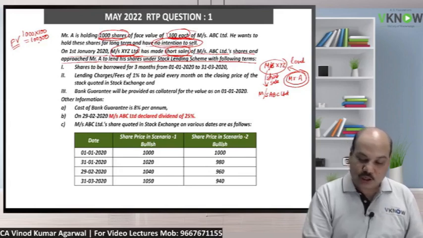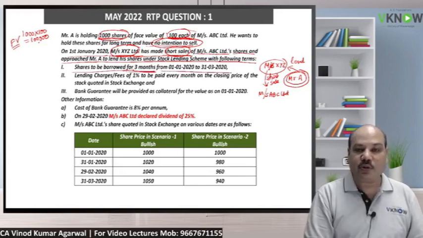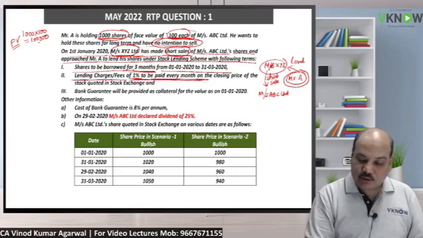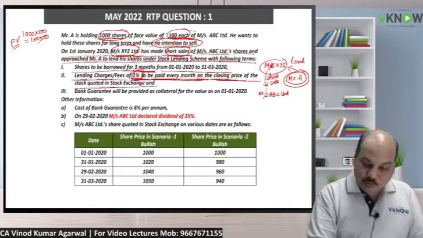So let us see what happens. Shares are to be borrowed for 3 months from 1st January 2020 to 31st March 2020. Lending charges or fees will be 1% to be paid every month on the underlying closing price of the stock quoted in the exchange. So lending charges is 1% based on closing price.